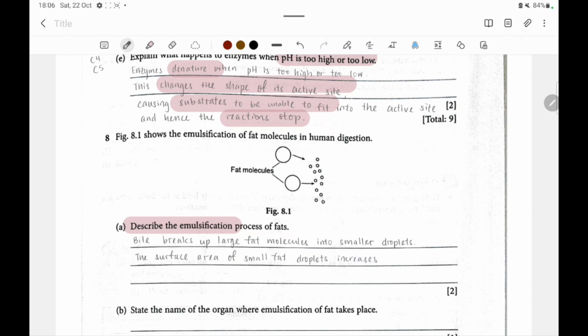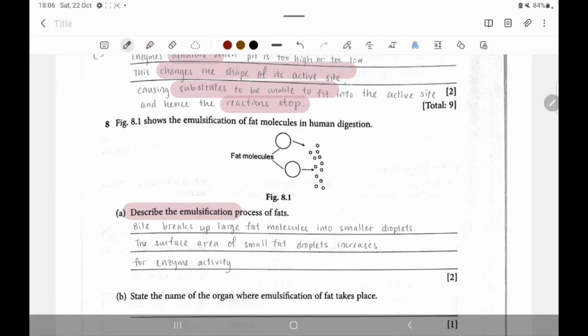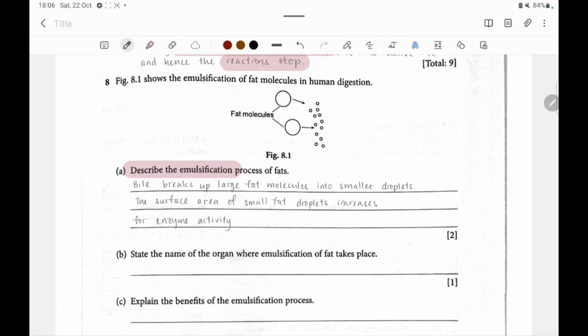And then for enzyme activity in chemical digestion.